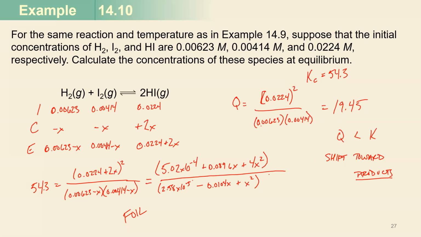I'm just going to give the final equation here. We end up with 50.3 times x squared minus 0.654x plus 8.98 times 10 to the negative 4 is equal to 0.